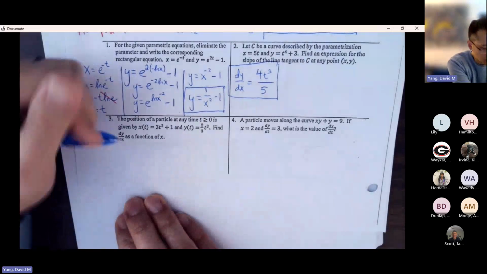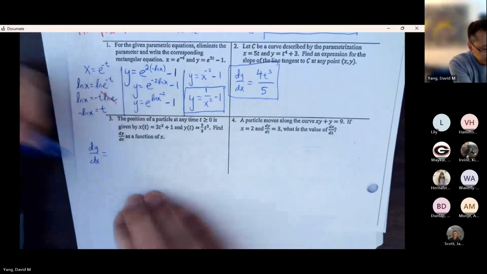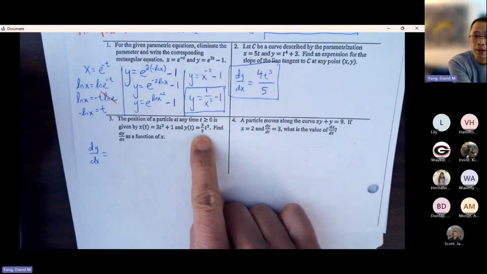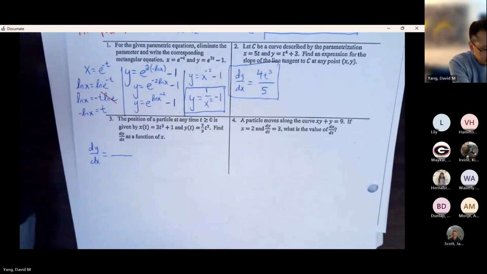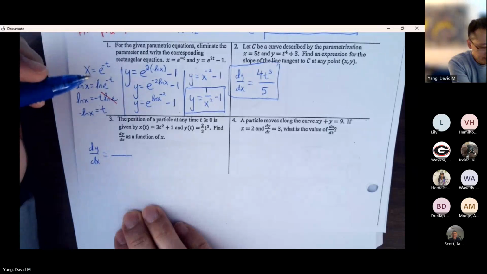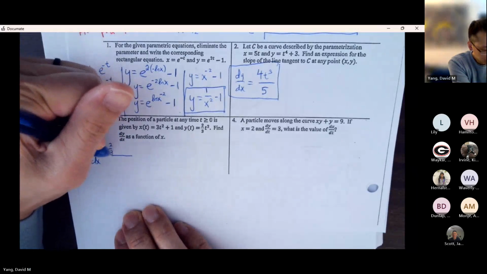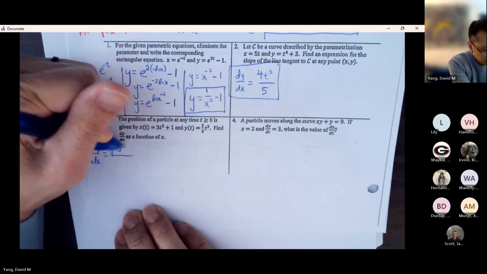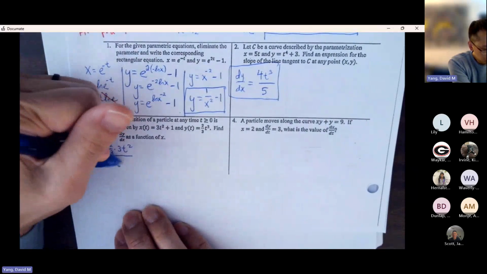So let's just do y prime over x prime. Y prime, power rule, 2t squared. And then x prime is just 6t.